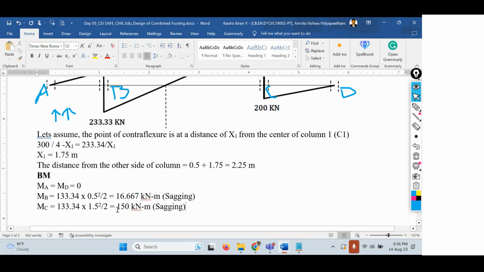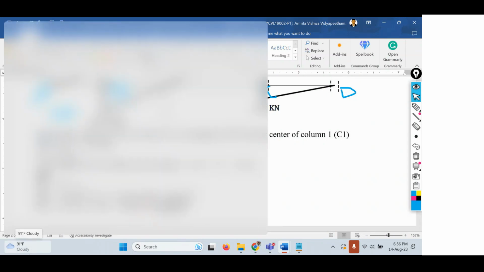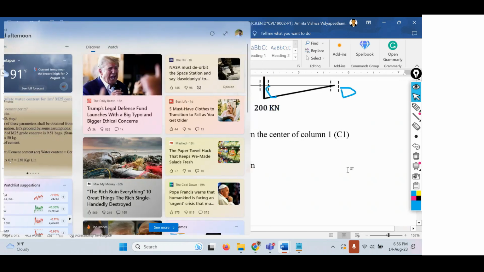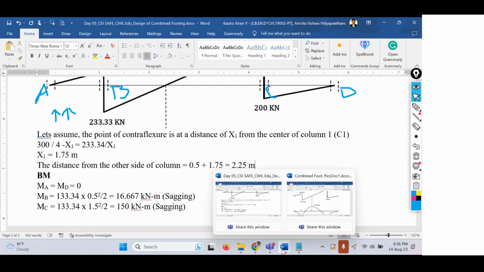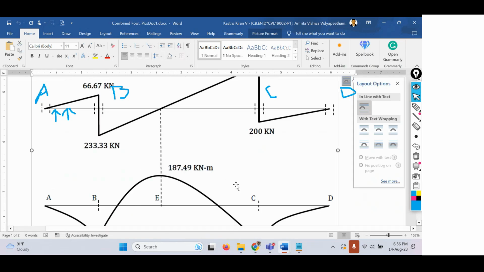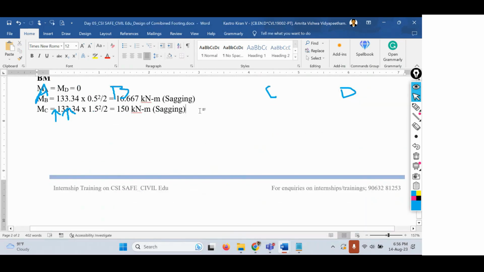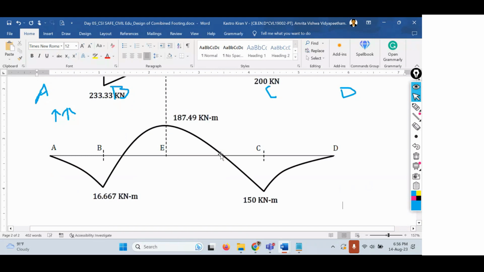From this, we have to calculate the maximum bending moment as well. If you draw the bending moment diagram, the moment at A and D is 0. So this is the bending moment diagram.